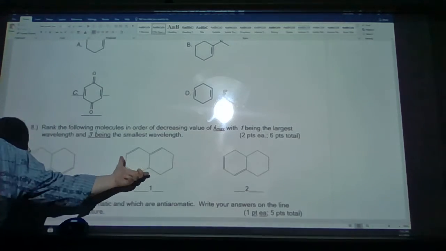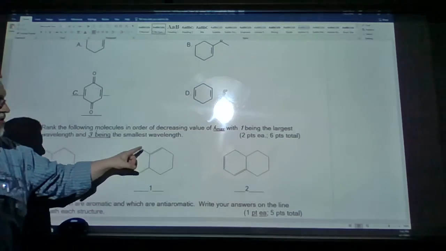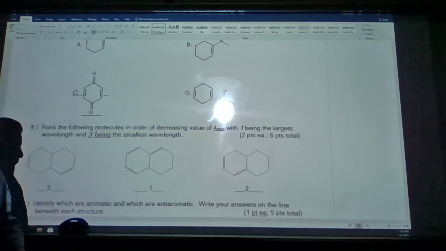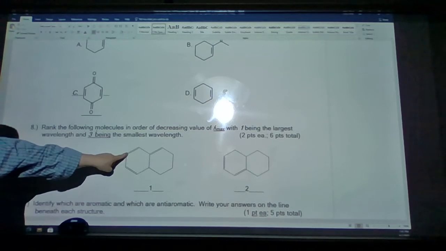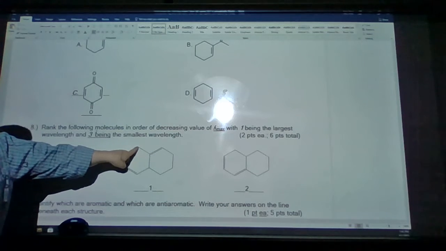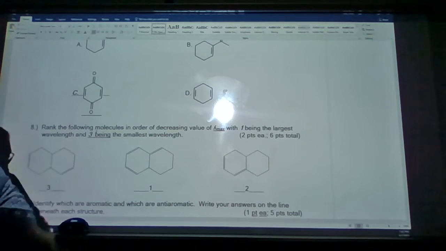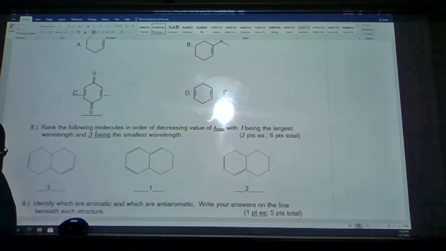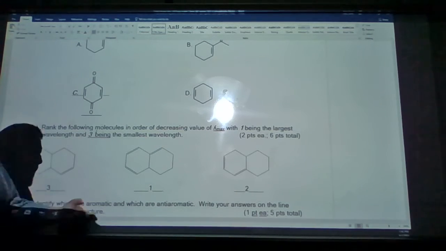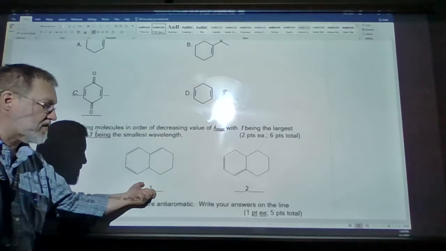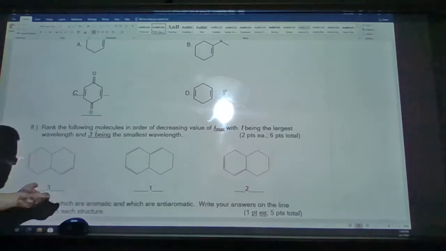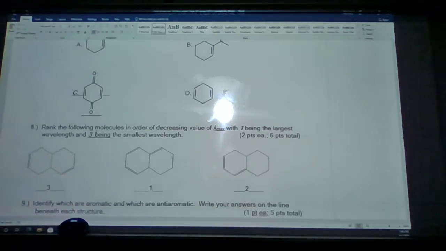What about this guy? This guy has 1, 2, 3 double bonds. Are they conjugated? Yes. This is conjugated because this is adjacent to that. Is this carbon adjacent? Yeah, it is. So these 3 double bonds are all connected to one, conjugated with one another. Therefore, this will have the largest wavelength, the largest lambda max. This will be next largest. This will be the smallest.